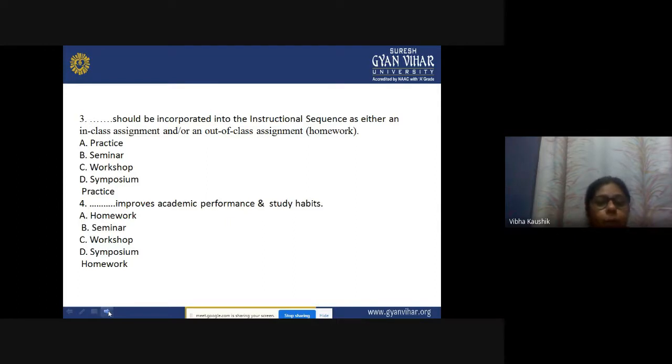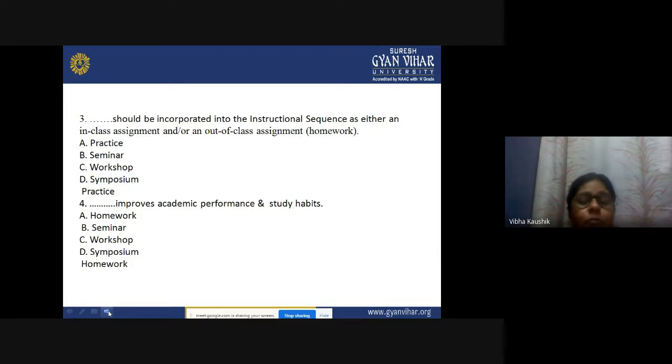Now the fourth one, dash improves academic performance and study habits. Now, what is improving the academic performance and study habits of the learner or the student? Now the options are A homework, B seminar, C workshop, D symposium.